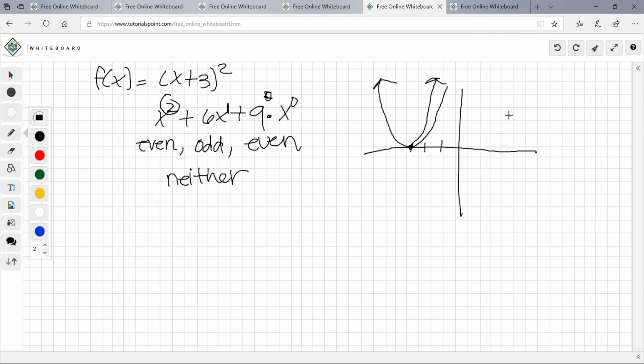And if you fold it book-wise or taco-wise, there won't be any reflection, right? If it was just a regular parabola, there is a reflection on the y-axis, right? But there's a shift. There's a translation of 3 units to the left, so that's why it's neither.